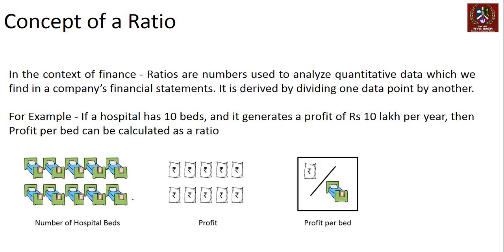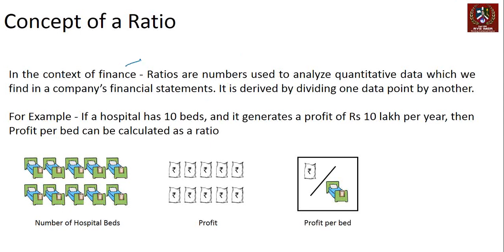Now, in the context of finance, ratios are numbers that can be used to analyze the quantitative data which we find in our company's financial statements. It is essentially derived by dividing one data point by another. You could take two financial numbers, you could take a business number.